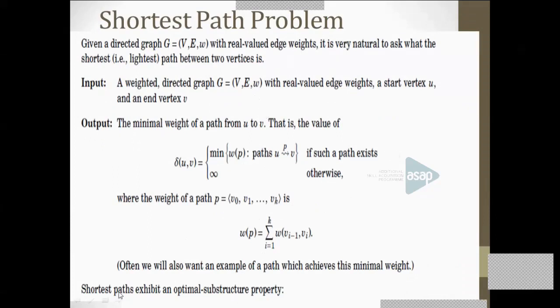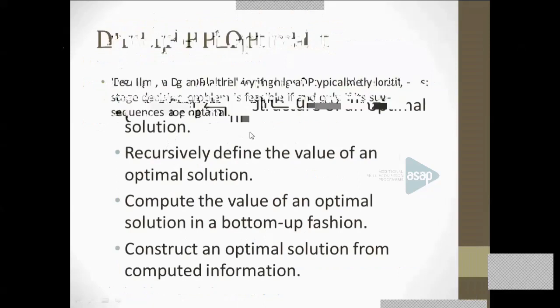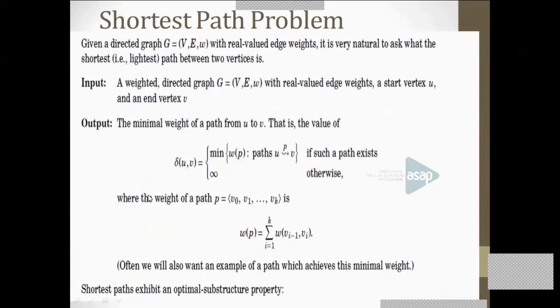Shortest paths also exhibit the optimal substructure property. This is very important. That is actually the first point in DP: characterize the structure of an optimal solution. How are you going to characterize the structure of an optimal solution? This is one characterization. Just assume that from V1 to V3 there are three paths.